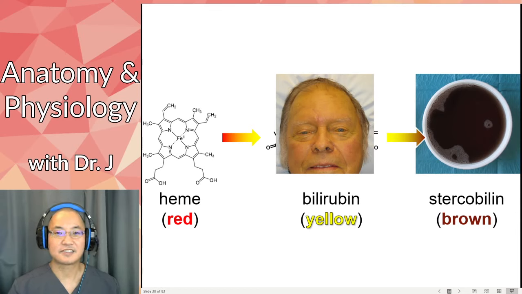The interesting thing is that when this bilirubin ends up in your urinary tract, it can undergo other chemical changes. You don't have to know it for this class, but it can be metabolized and changed by enzymes and also the bacteria in your urinary tract to convert bilirubin into stercobilin, but now it's in your urine.